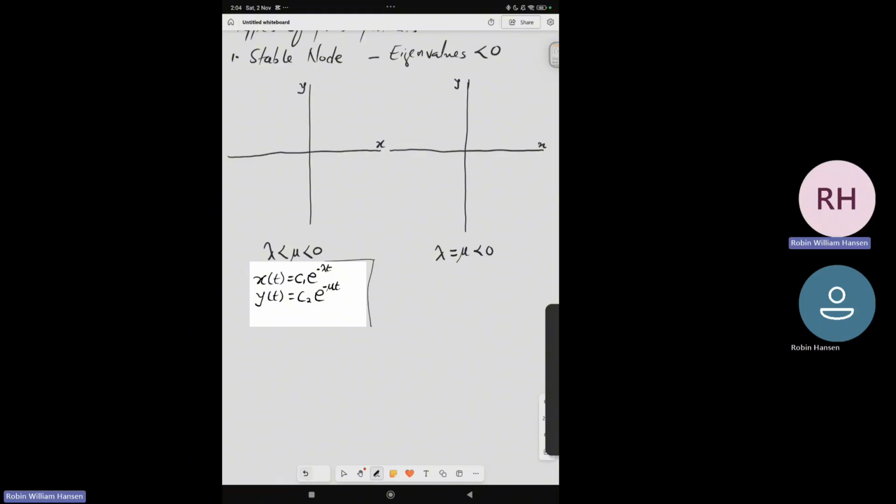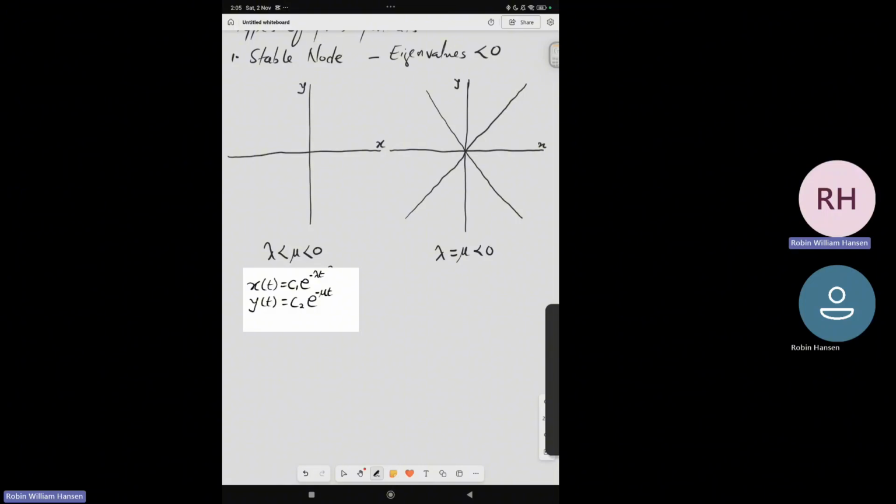So if we want to plot this solution on this phase portrait for lambda equal to mu less than 0, we see that our solution will cross at a 45-degree angle up for t greater than 0, and our solution will cross the 45-degree downwards for t less than 0.